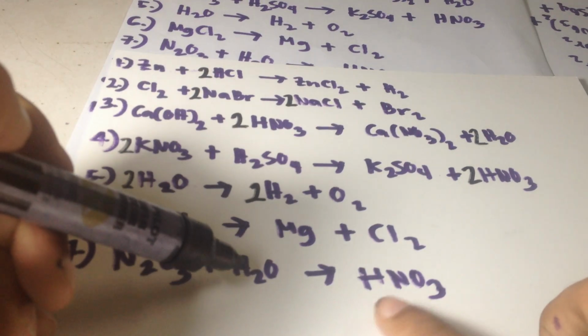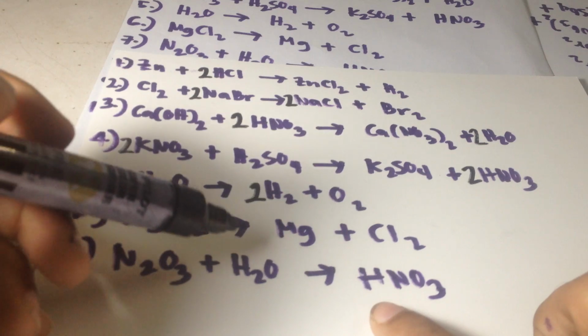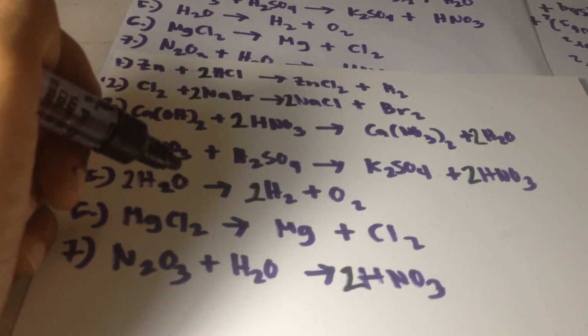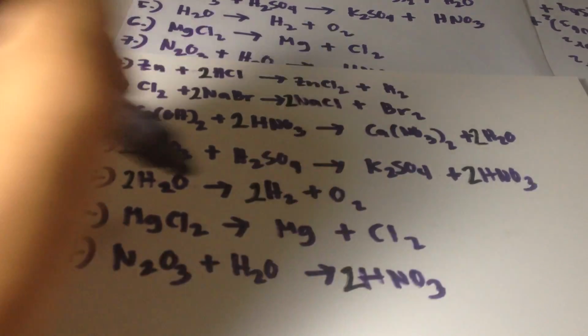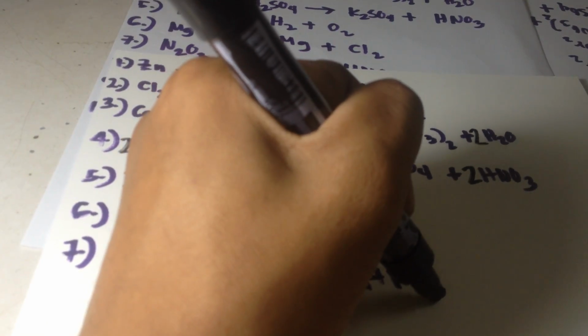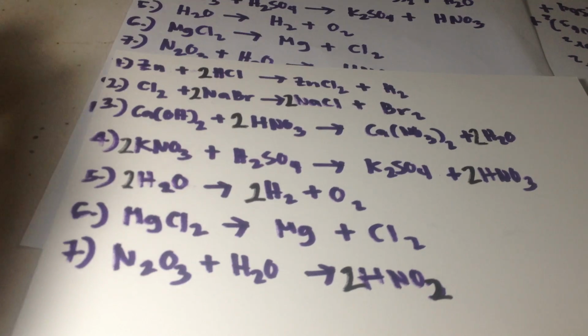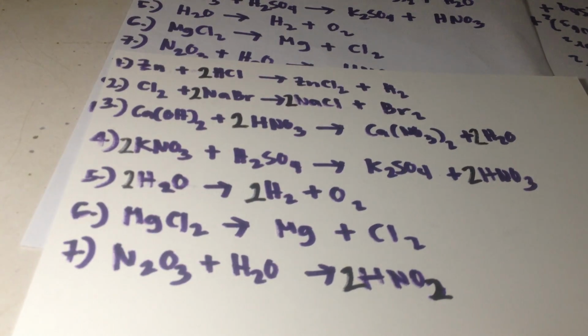Hydrogen has 2 here and hydrogen has 1, so you need to multiply by 2 here. This is a nitrate. Okay, this is balanced.